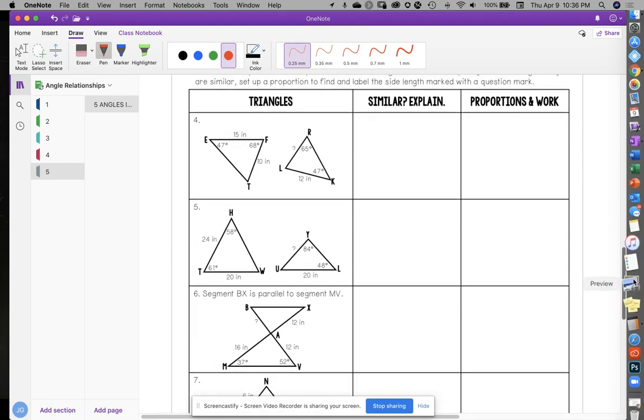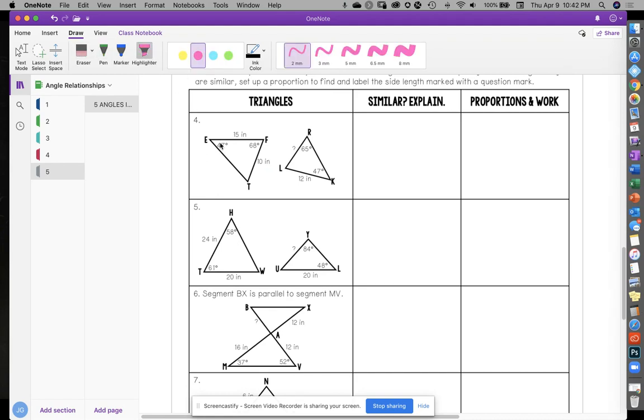All right, so on to the back. You are going to tell me if they're similar, explain, and then tell me what its proportions are. So what is it increasing by? One thing I notice is that they both have a 47 degree angle. So that tells me if I take this 68 and this 65 and add them up with the 47, does it equal 180?